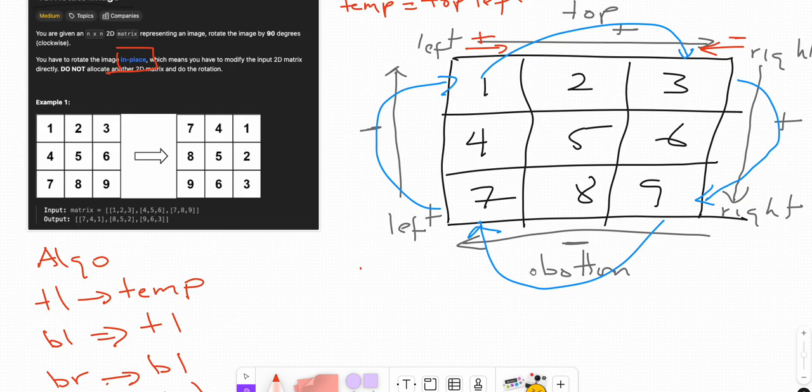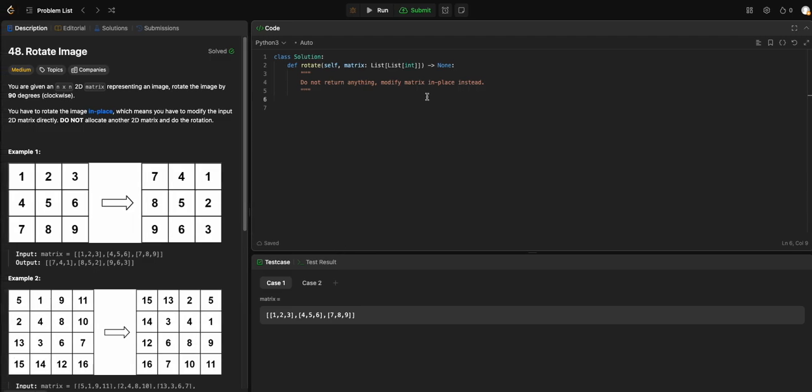So let's start. First, left is the 0 index, and right is equal to the length of the matrix minus 1, since it's an n by n matrix.